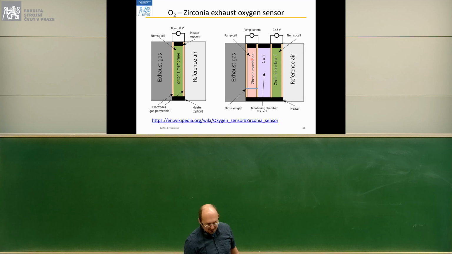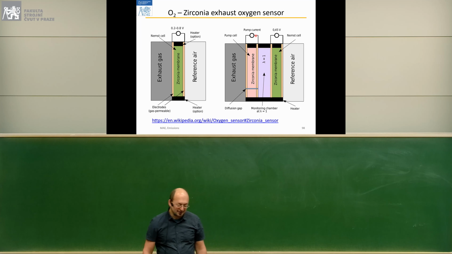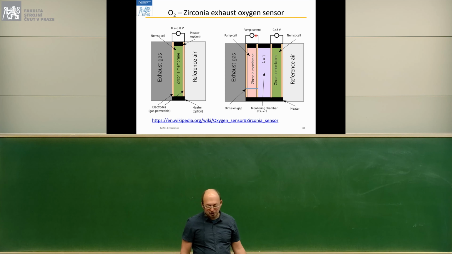To maintain stoichiometric air-fuel ratio, you pump oxygen across this second cell by supplying electric current. Depending on how much current you need to supply, that's called a pump current, to maintain stoichiometric air-fuel ratio here, from this you calculate the actual air-fuel ratio.